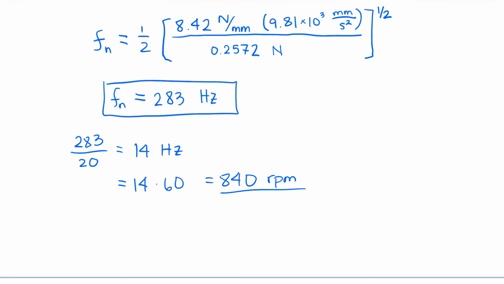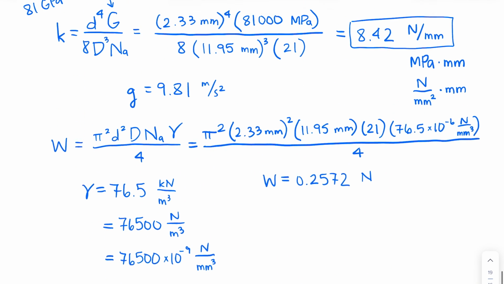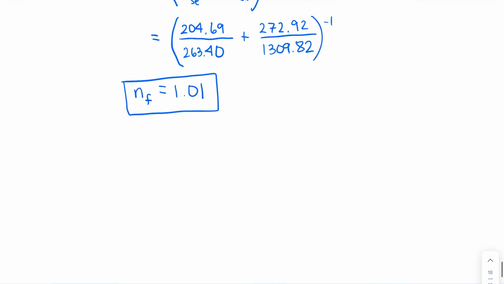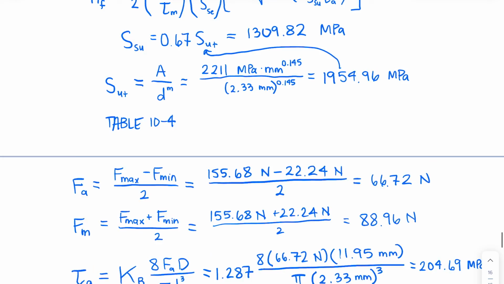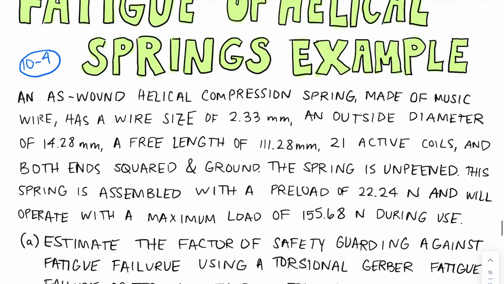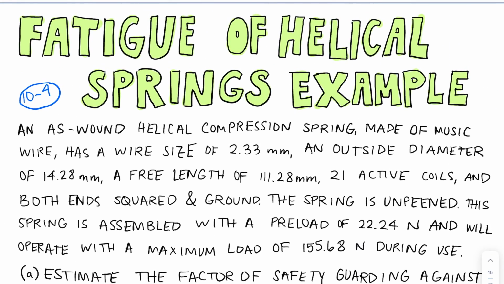So if this spring is in a system that is going to be rotating faster than 840 RPM, then we need to consider a redesign of this spring. All right, so that is the end of this example problem. I hope that this was helpful, and this also concludes our section on helical springs and on springs in general.